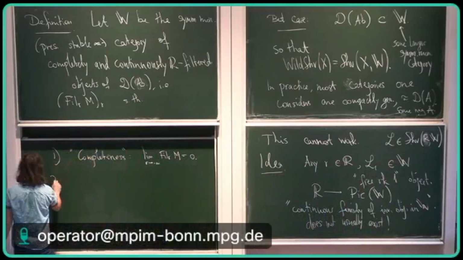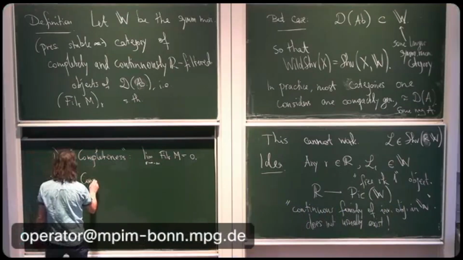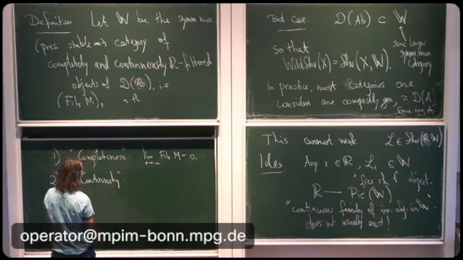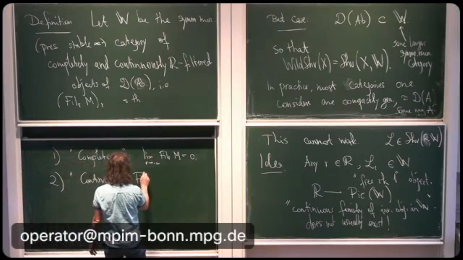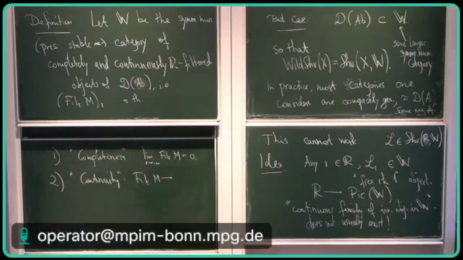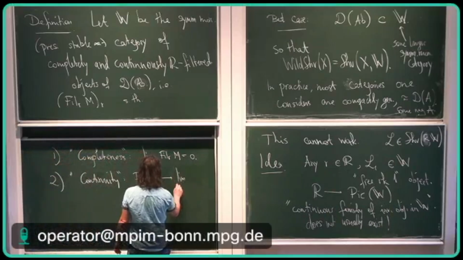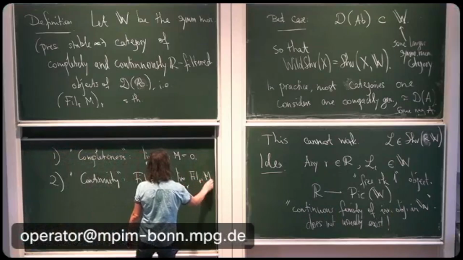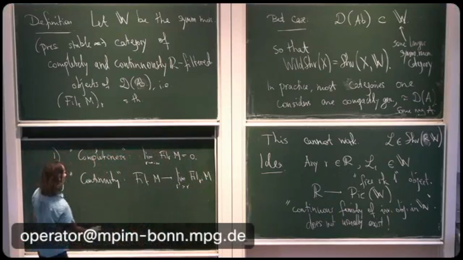And it's continuous if any filtration step is determined by the filtration steps slightly further along. So it maps isomorphically to the limit over all R' strictly bigger than R of the filtration step Fil^R'.